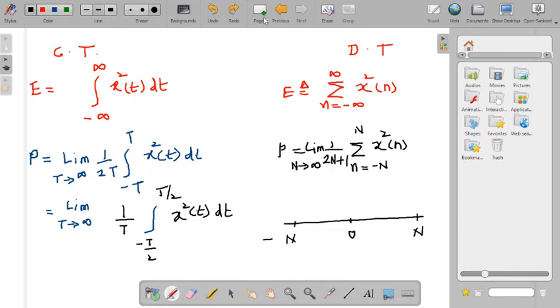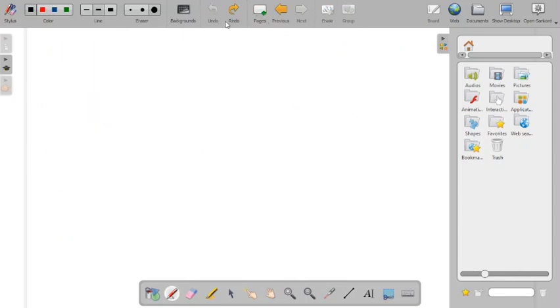So these are the equations which we are going to use while computing the energy and power of a signal. We have to remember that if a signal is a complex exponential, then in that case, the power equation will change slightly.